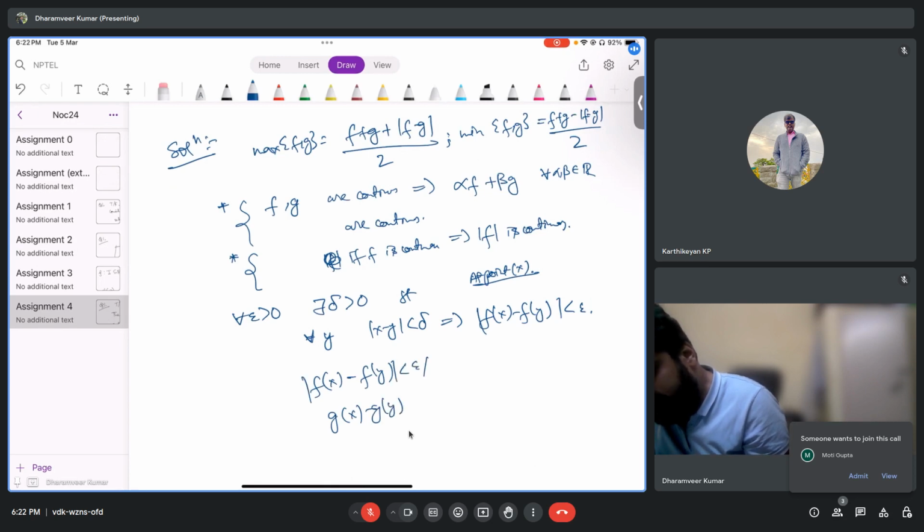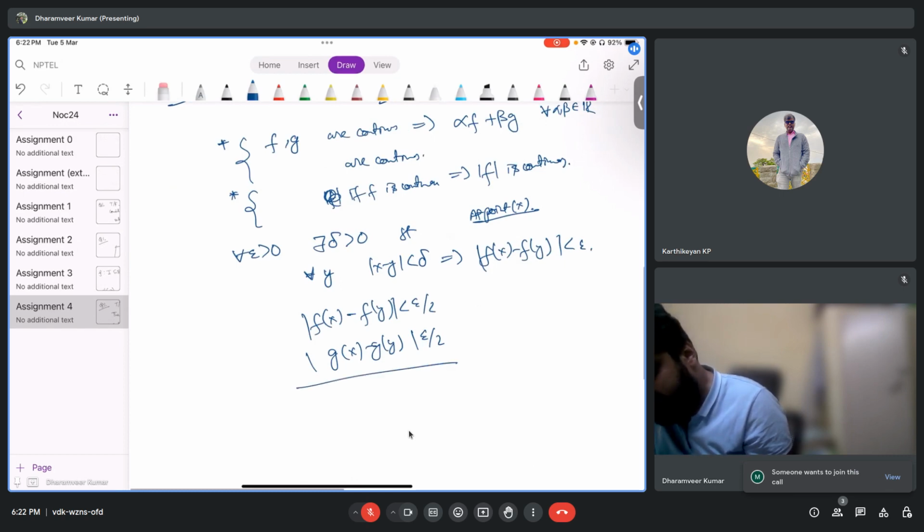You take epsilon by 2. So basically you have to use this. This implies, so from here call f plus g is equal to h.